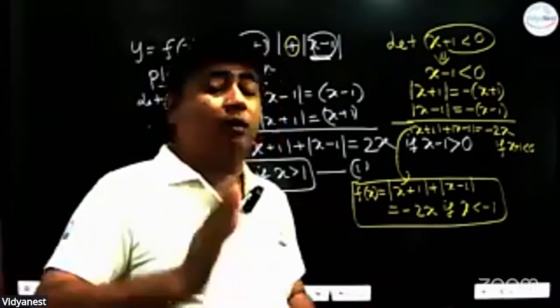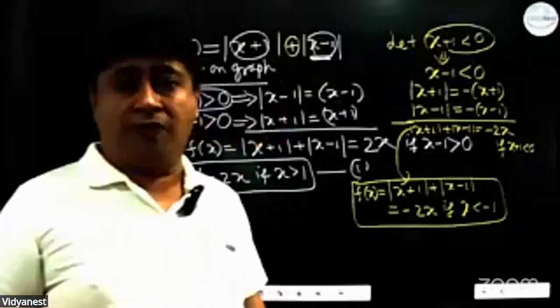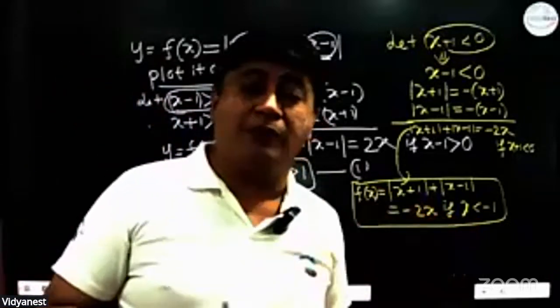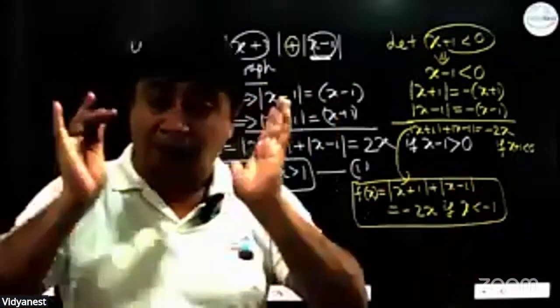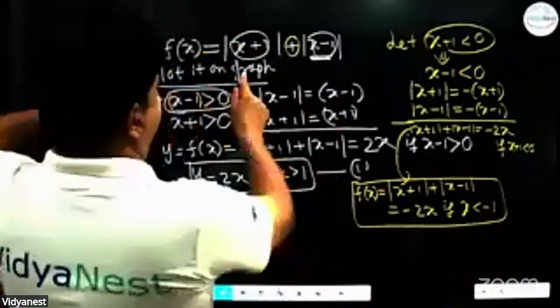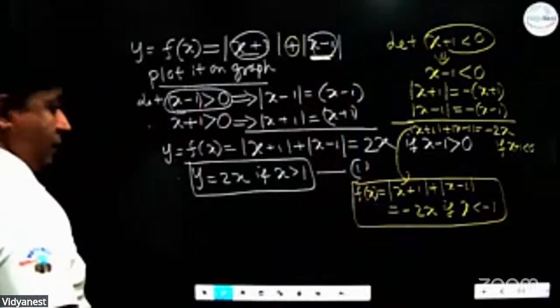And obviously, we will remember that in this case, one positive, one negative, obviously the greater number will be chosen as positive and the smaller number will be chosen as negative. What will be the greater number here? x plus 1 is the greater number, x minus 1 will be the smaller number.